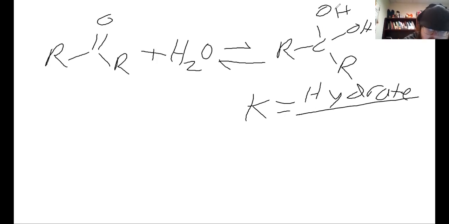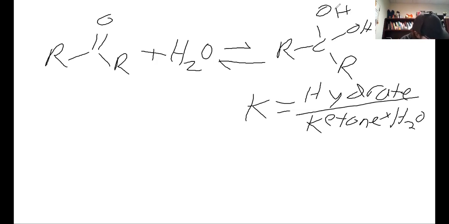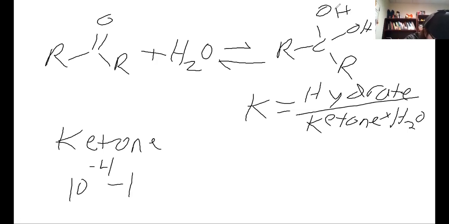And because water is no longer solvent usually, water can play a part. The ketone is usually more stable. It's more stable than aldehyde and way more stable than formaldehyde. So if you look at this KEQ, you've got to remember, what does the equilibrium constant mean? Most ketones have a KEQ somewhere between 10 to the negative fourth and 10 to the negative second.